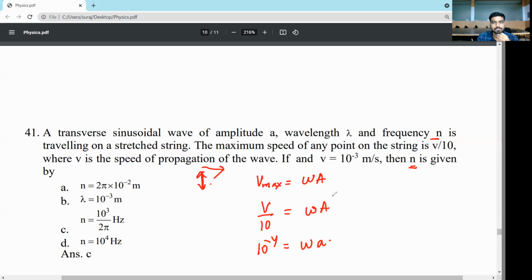Time period is what? 2 pi by omega. So 1 by time period, nothing but frequency, will be omega by 2 pi.